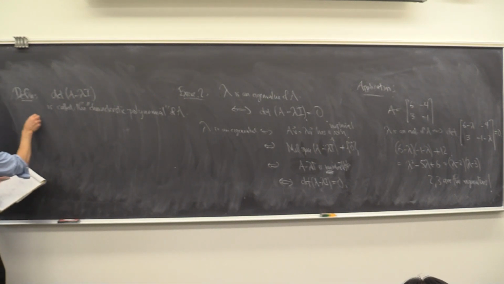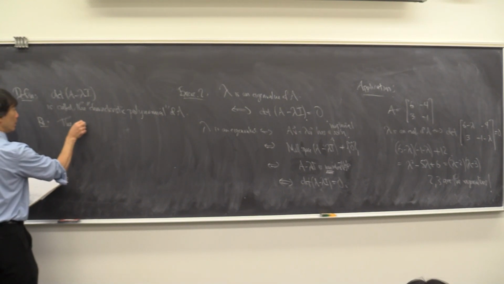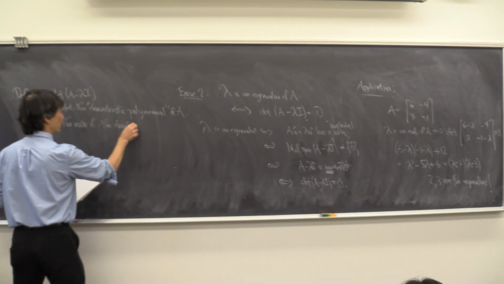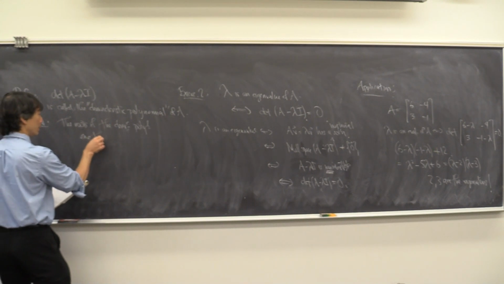And what we've just seen is that the roots of the characteristic polynomial are the eigenvalues of A.